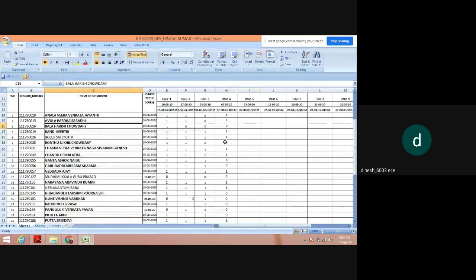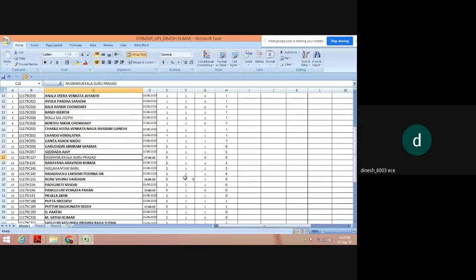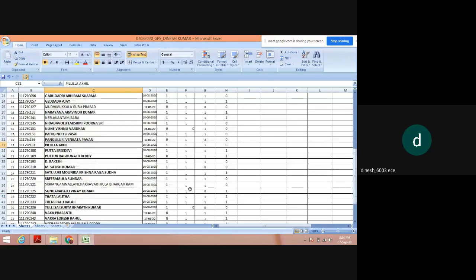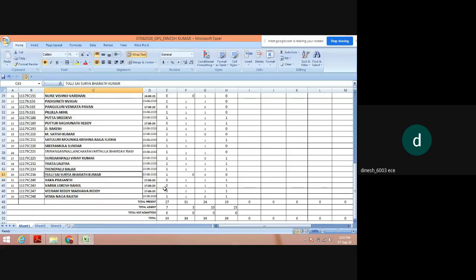Harish Chaudhary, Nikhil Chaudhary, Ashok Naidu, Abhiram Sharma, Guru Prasad, Purnashri, Vishnuvardhan, Sivasai, Venkat Pavan, Akhil, Rakesh, Satish Kumar, Sundar, Bhargav Ram, Bharat Kumar. These are the absentees for today's session.